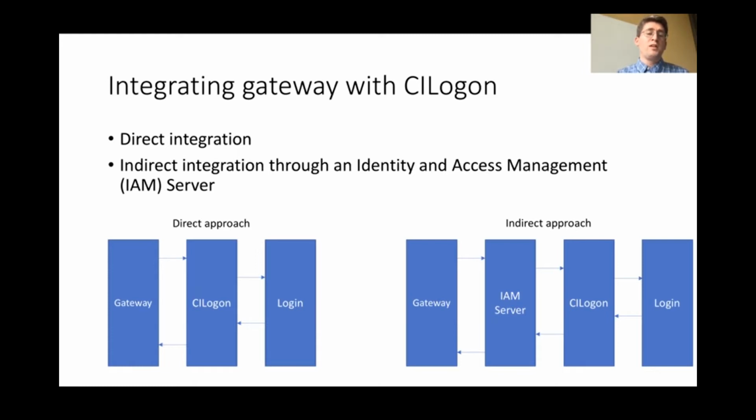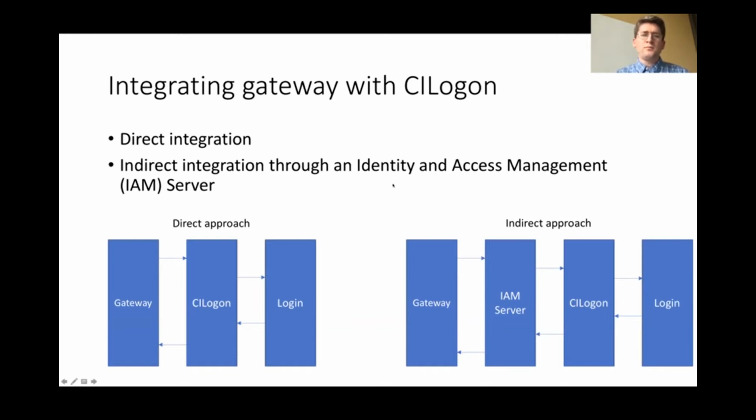But there's another way to integrate with CILogon, and that is to have a server that handles authentication and authorization for your gateway and your gateway services. This is called an identity and access management server.